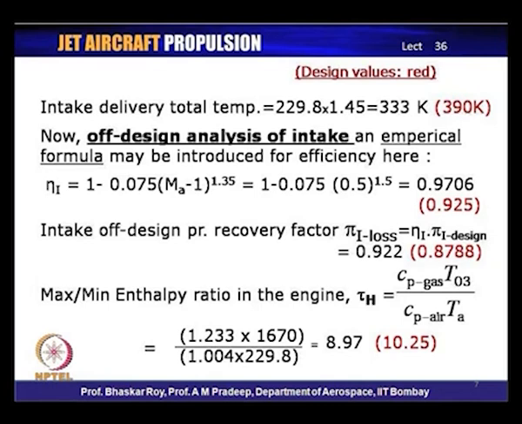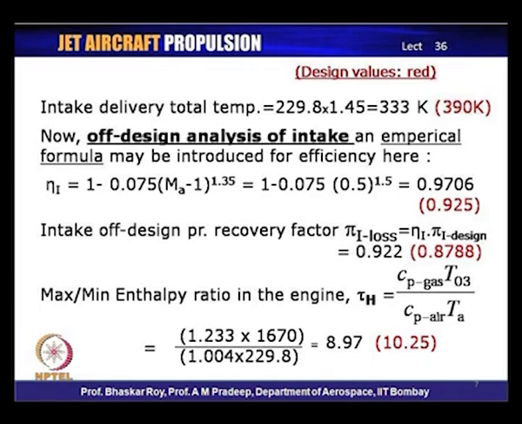Now, this essentially gives us a first cut notion of what the intake efficiency could be, and that comes out to be 0.9706. Contrast this to the design point intake efficiency, which is 0.925, and as a result, we can say that the intake efficiency at off design condition is actually higher than the design point intake efficiency.